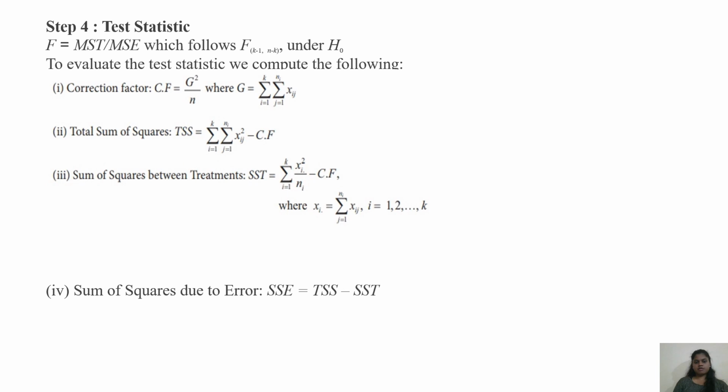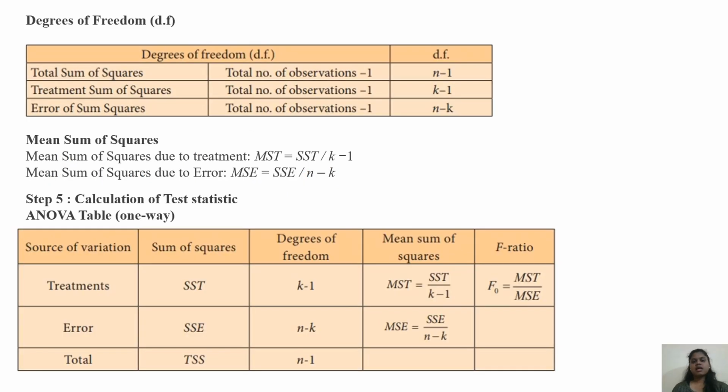The sum of squares between treatments, that is SST, is the sum of squares of each row total divided by its number of elements, minus CF. The sum of squares due to error, that is SSE, equals TSS, the total sum of squares, minus the sum of squares between the treatments. Next we need to find the degrees of freedom.